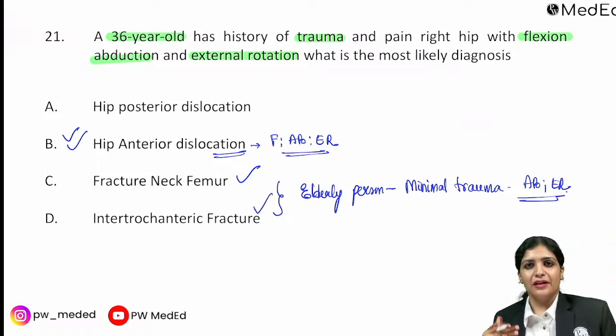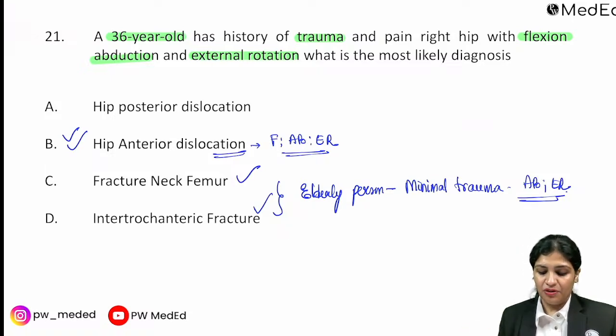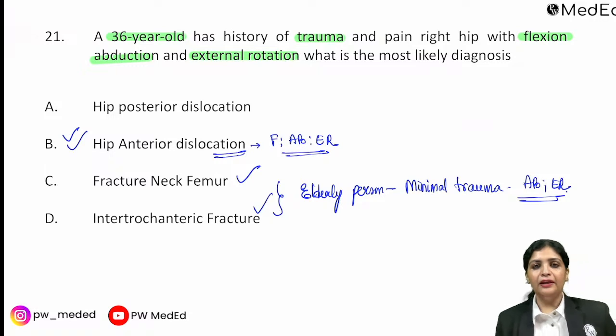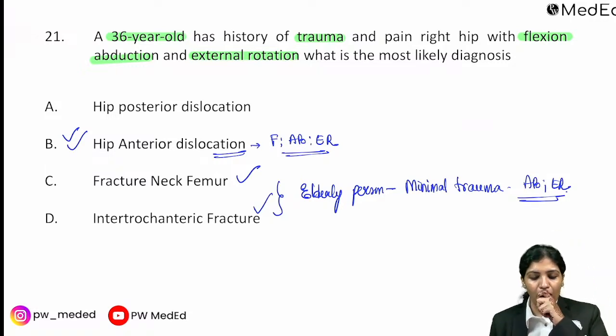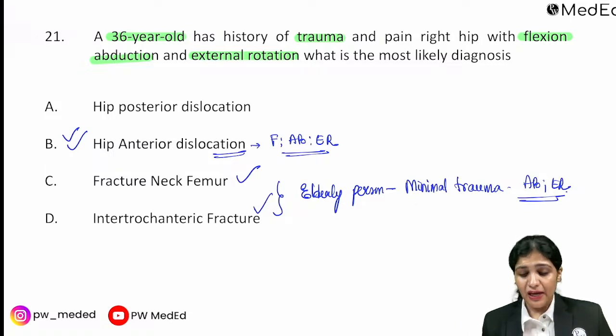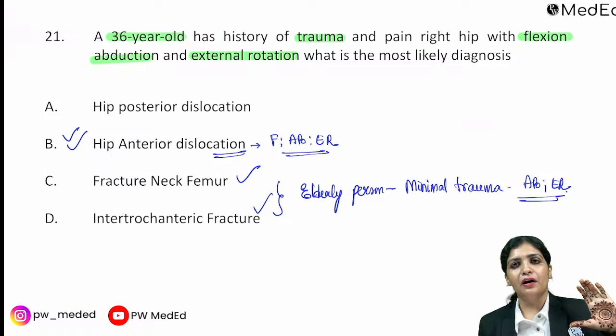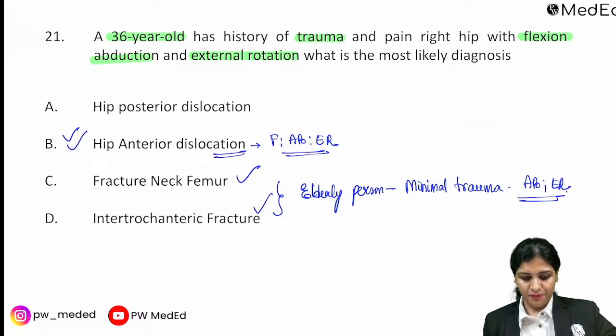Because this is a young patient and there is a history of forcible or high velocity trauma with these particular displacements, that is abduction and external rotation, it is likely to be the hip anterior dislocation, right? We have discussed much about the hip dislocation, right? So this will be more seen in case of your anterior dislocation.